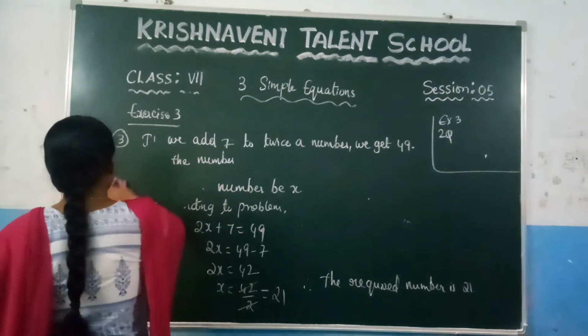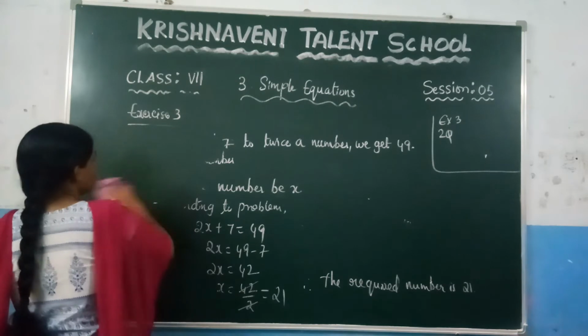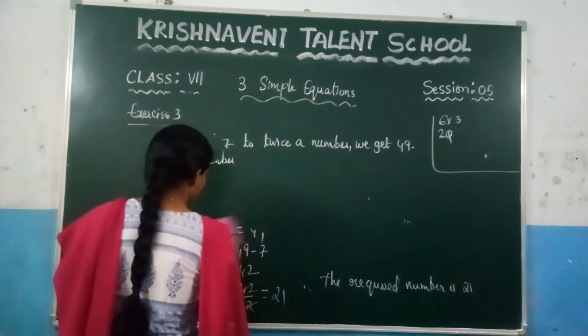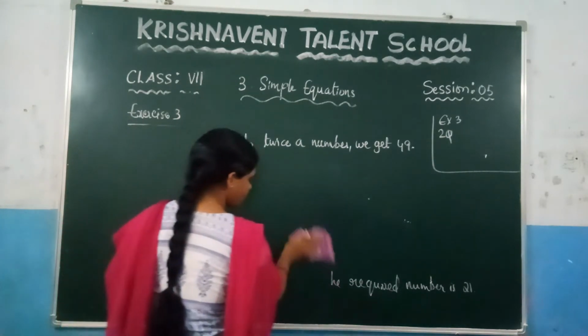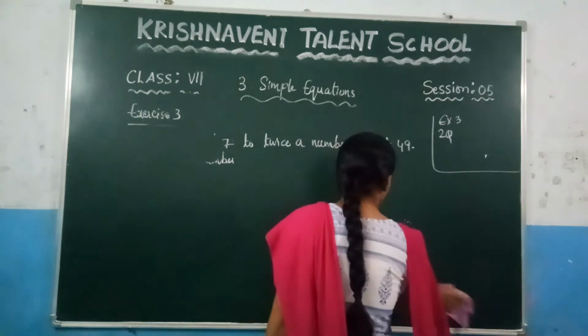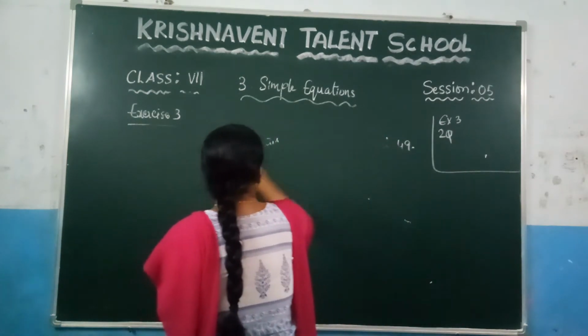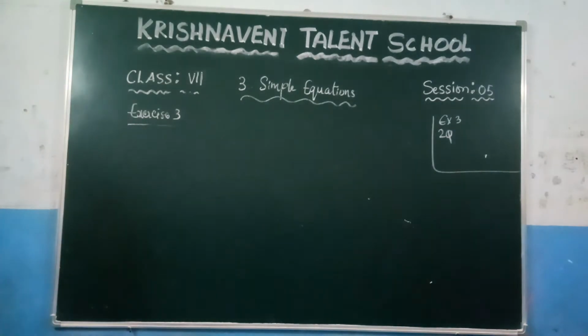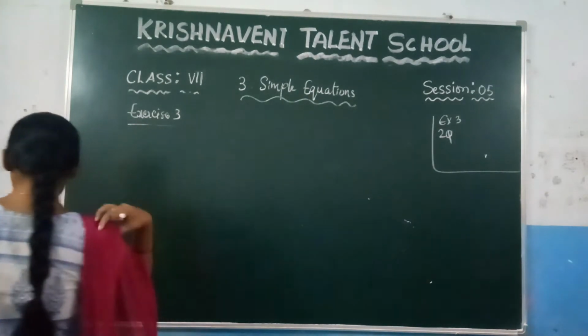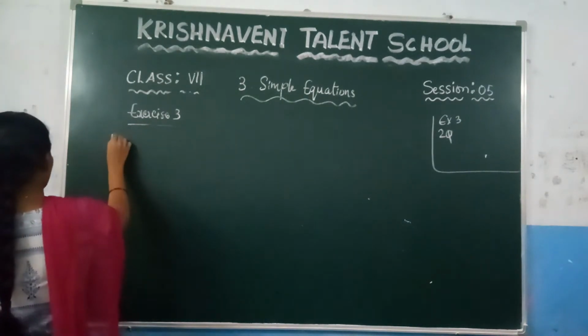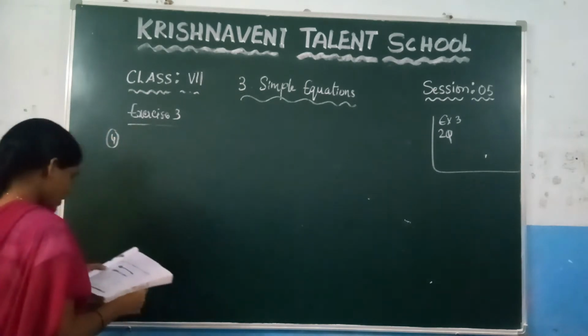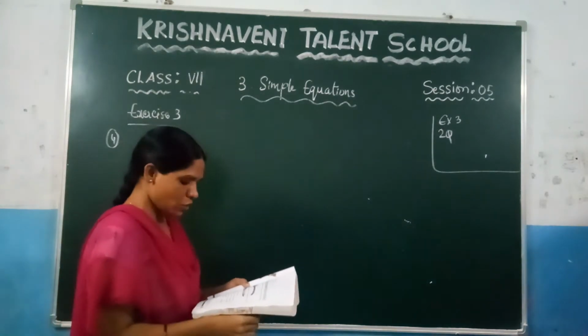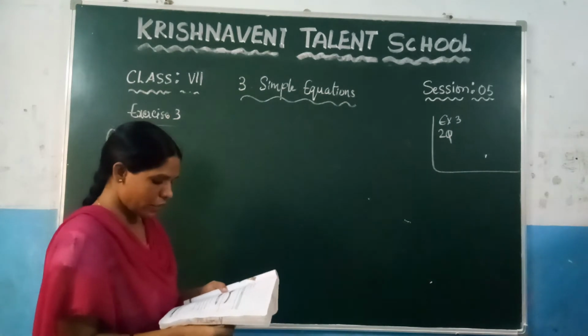Now see the next question here. What is the fourth question given here? If we subtract 22 from 3 times of a number, we get 68. Find the number.